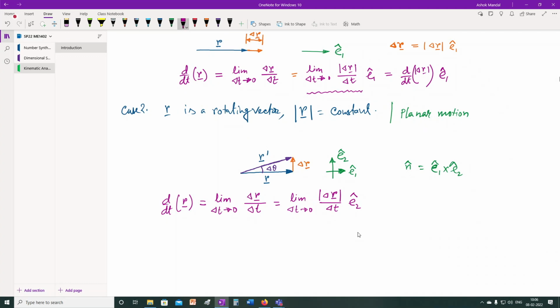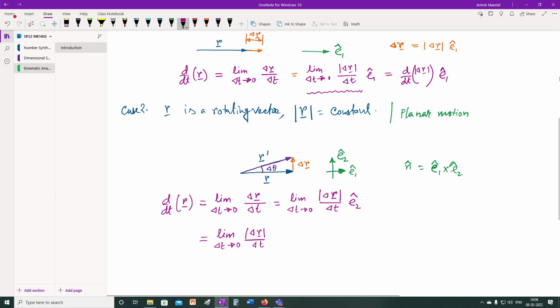Fine. So in the next step, limit delta t tends to 0, and this is delta R by delta t. Now can we write down this E2 here?